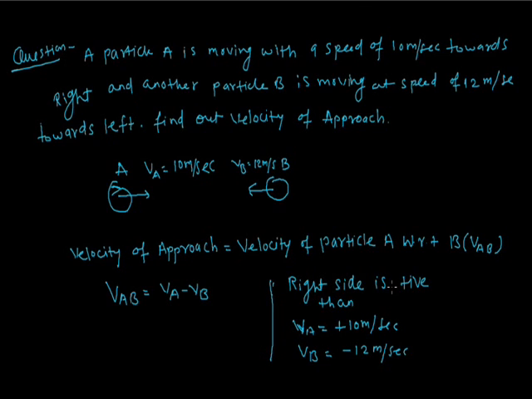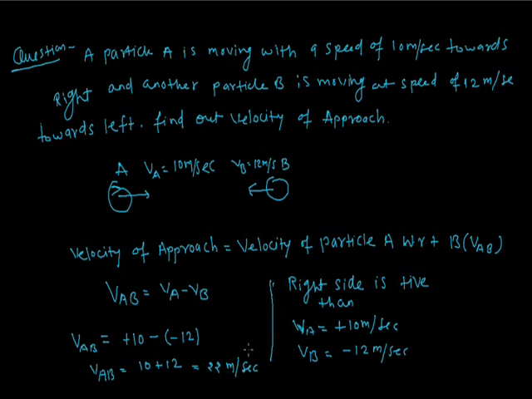If we consider the right side as positive, then the left side will be negative, and we know velocity is a vector quantity. So the velocity of A with respect to B, that is the velocity of approach, is the velocity of A with respect to origin minus the velocity of B with respect to origin. So the velocity of A is plus 10 minus, and the velocity of B is minus 12. So VAB is 10 plus 12, that is 22.